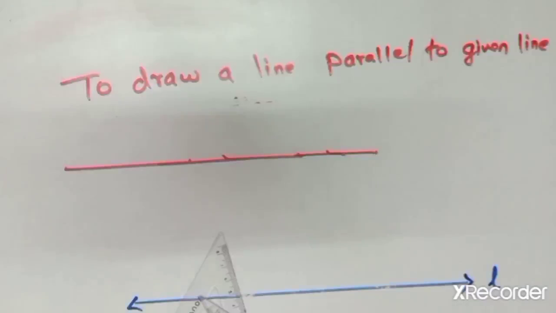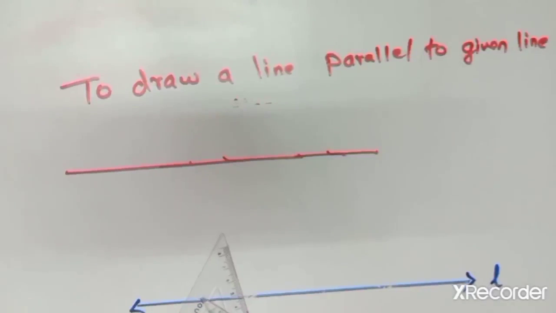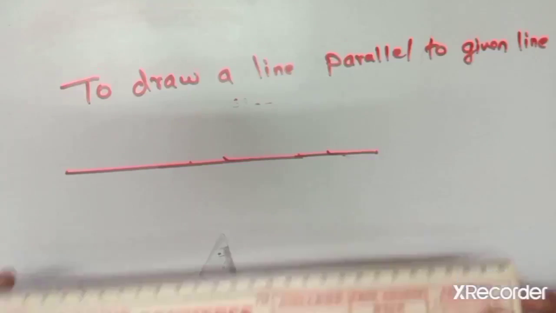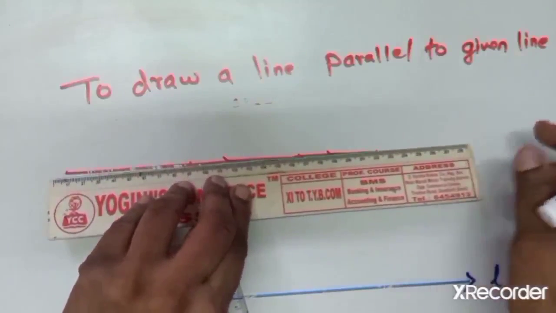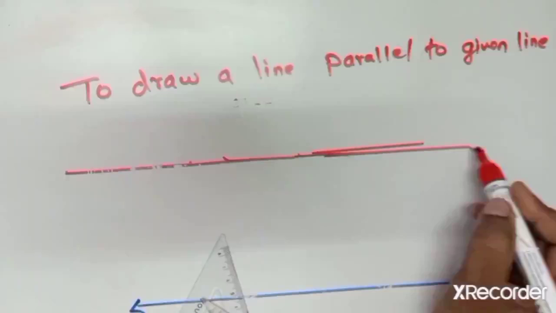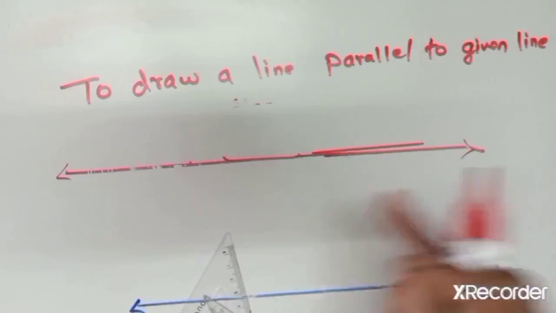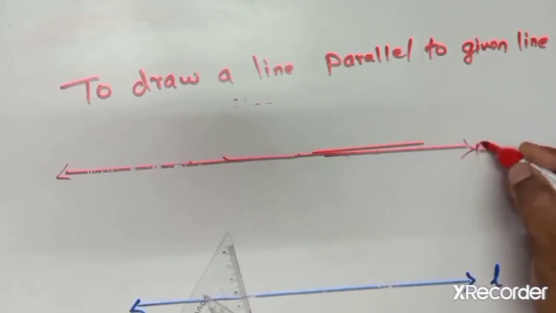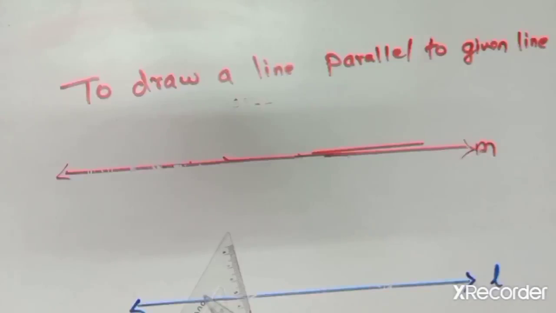So in this way, you can draw a line, and that line will be parallel to line L. By using set square, you can draw a line parallel to line L, and let us name this line as line N. Understood? So this is the first method, by using set square.